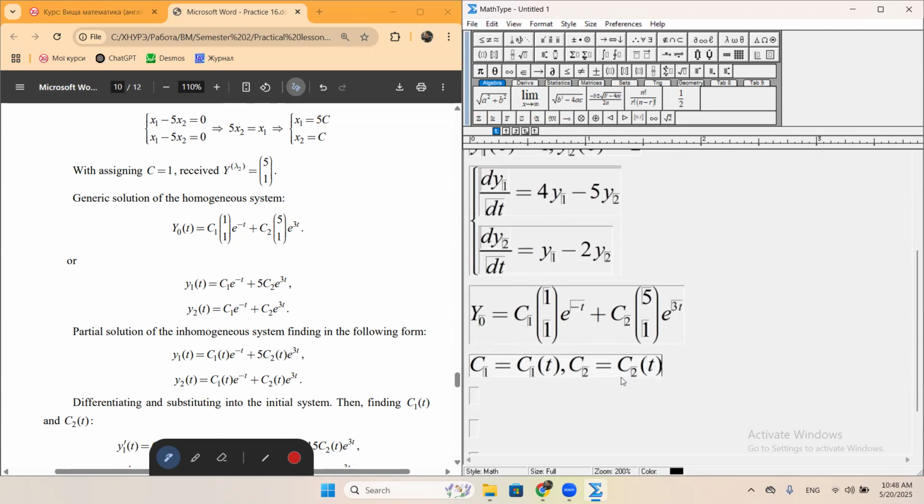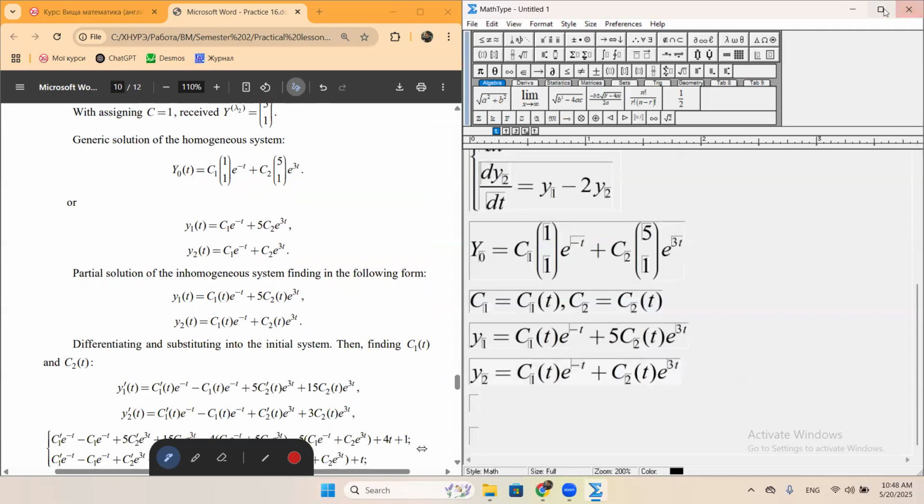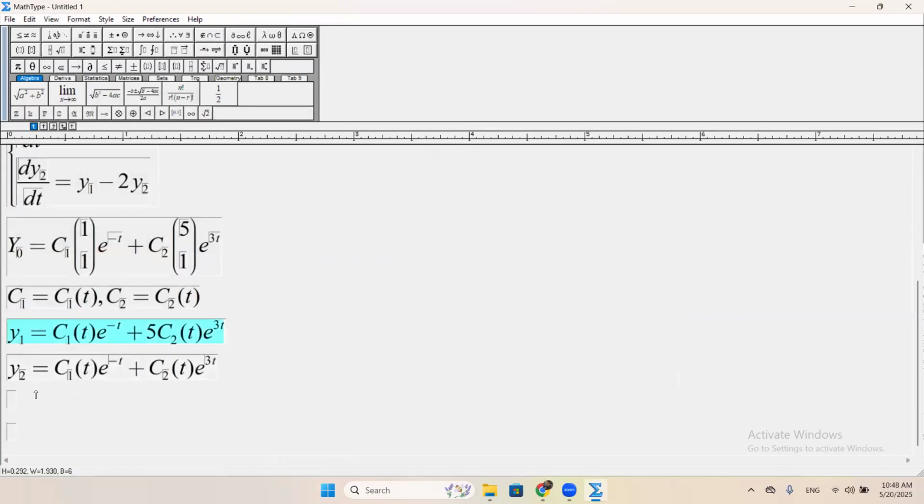So y1 equals C1(t) e to the power of minus t plus C2(t) plus 5C2(t) multiplied by e to the power of 3t. And what about y2? So let us write the other coefficients, y1 and y2. Okay, now let's differentiate them.